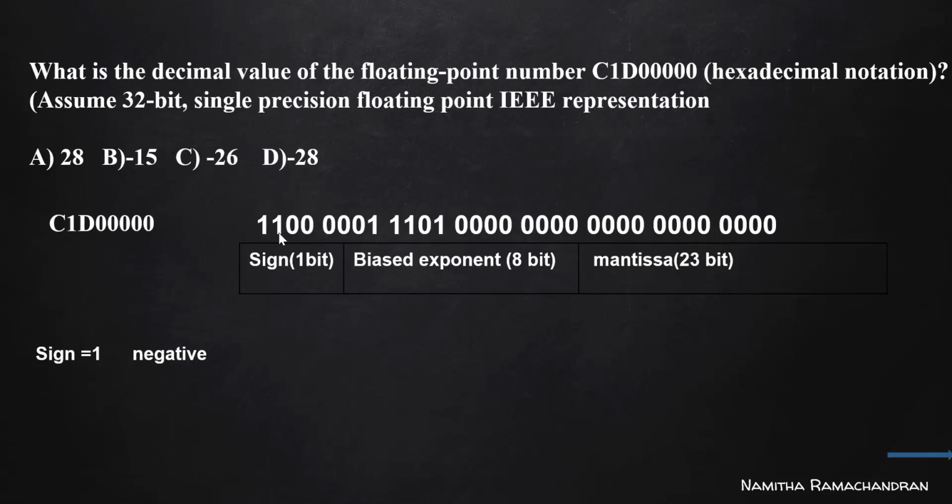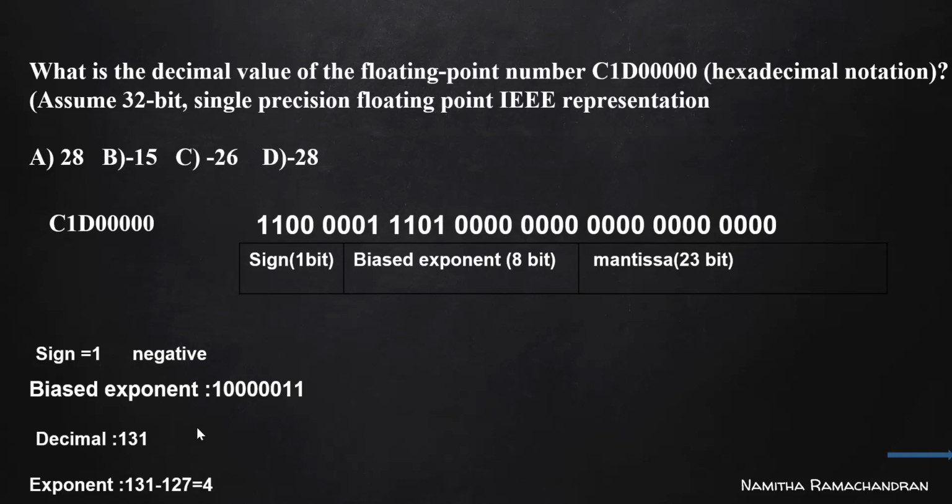Now we need to consider the next 8 bits, which form the biased exponent field. The next 8 bits are 10000011. Its decimal equivalent is 131, so this is our biased exponent.